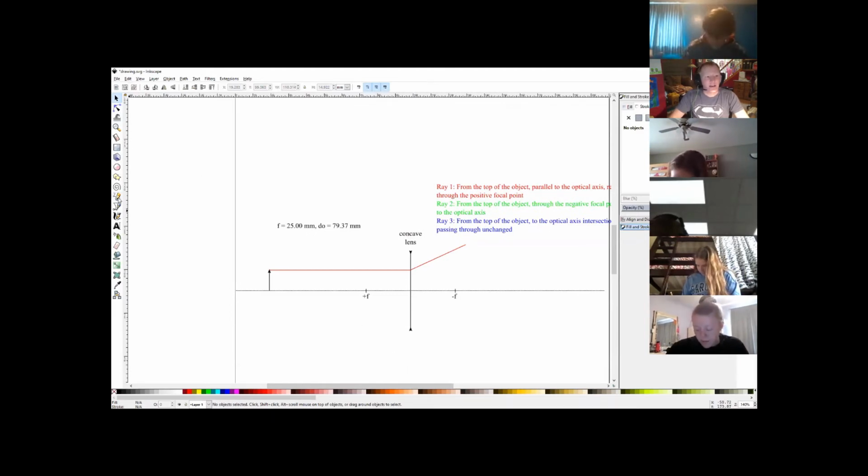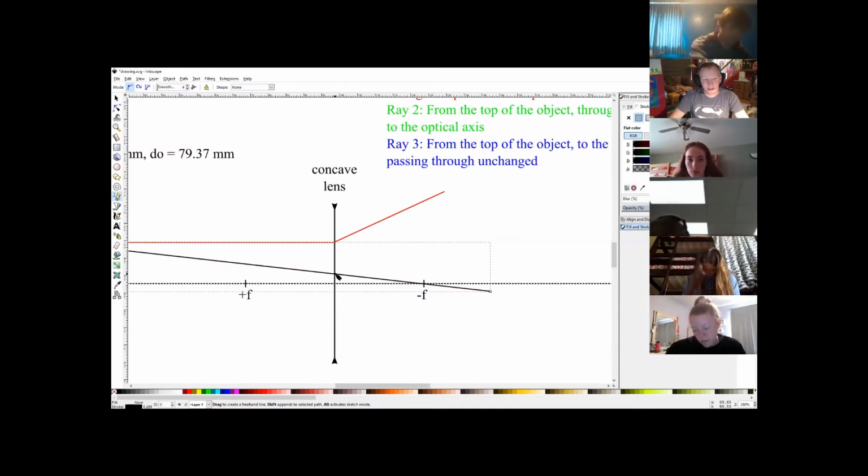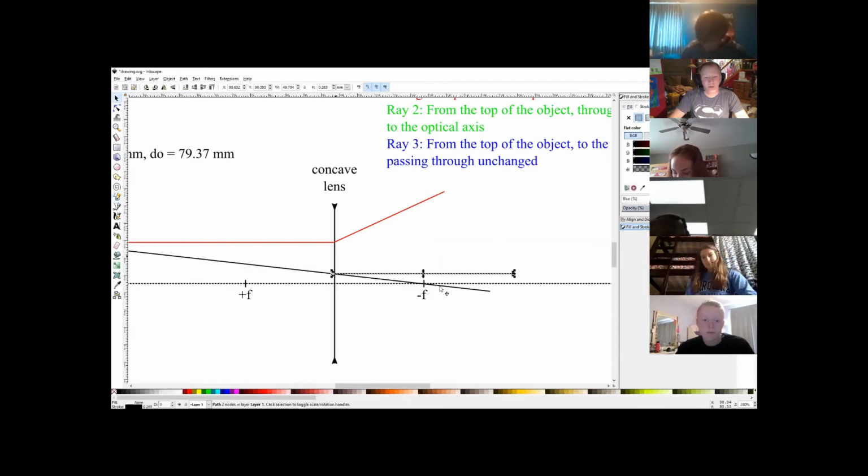Second line, instead of going through the negative, well, it does aim for the negative. So from the top, as though it were going to go through the negative, but instead, when it gets to the lens, it refracts parallel to the optical axis.